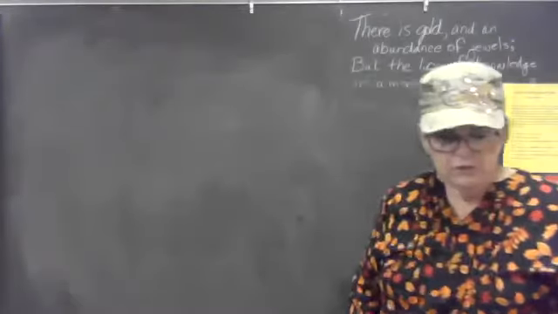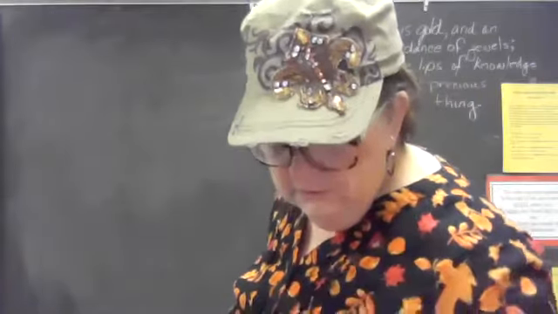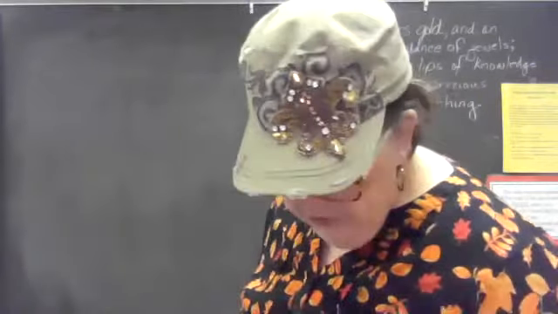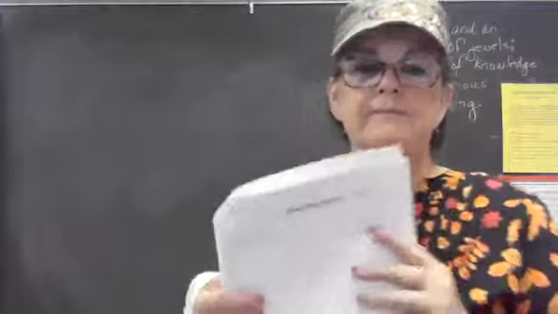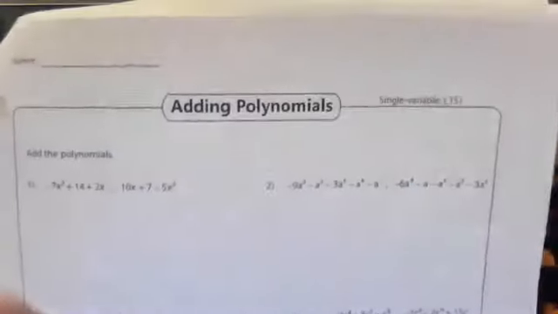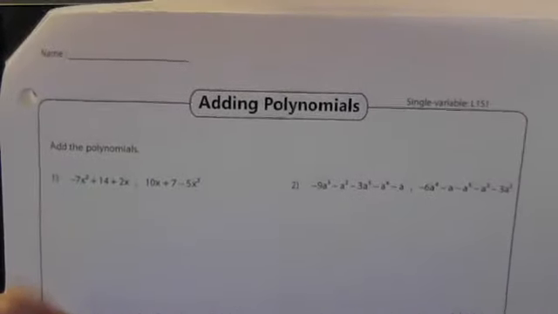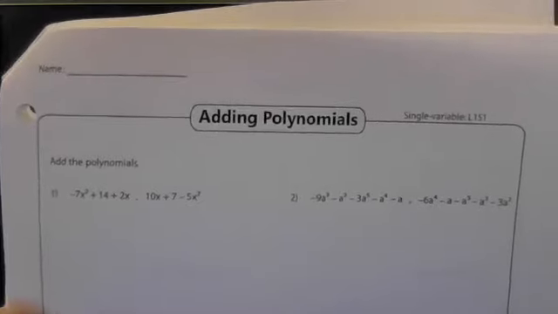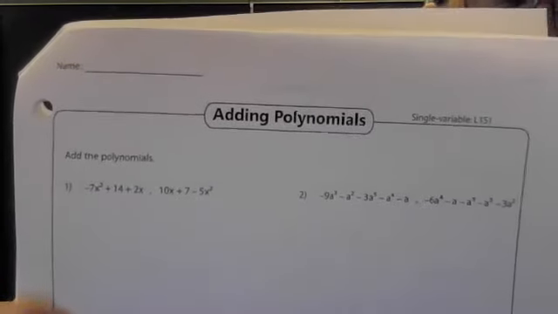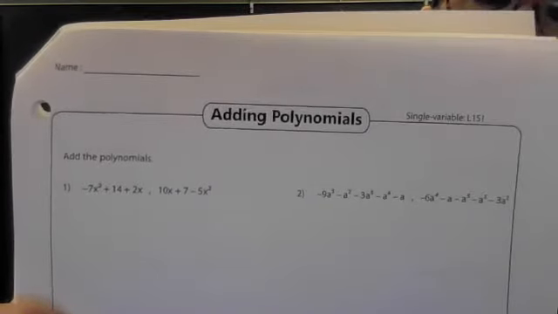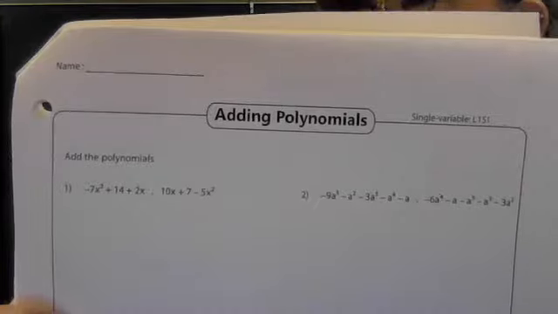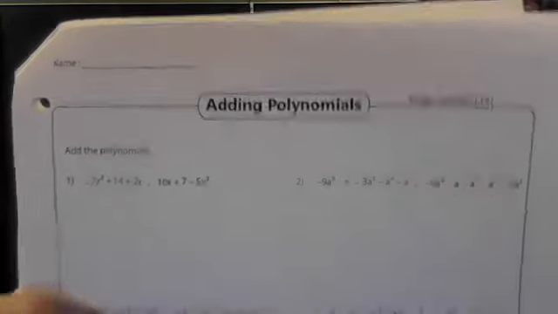Okay, parentheses is what you see most of the time. Okay, so let's look on page 3, adding polynomials. And I'm going to do the first one, but I'm going to show you, this worksheet packet really likes to use those commas, but I'm going to show you what it usually looks like when you have to do it.